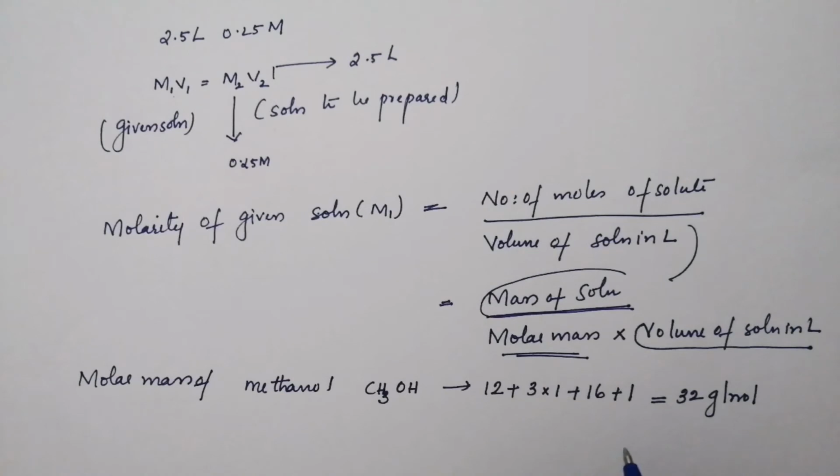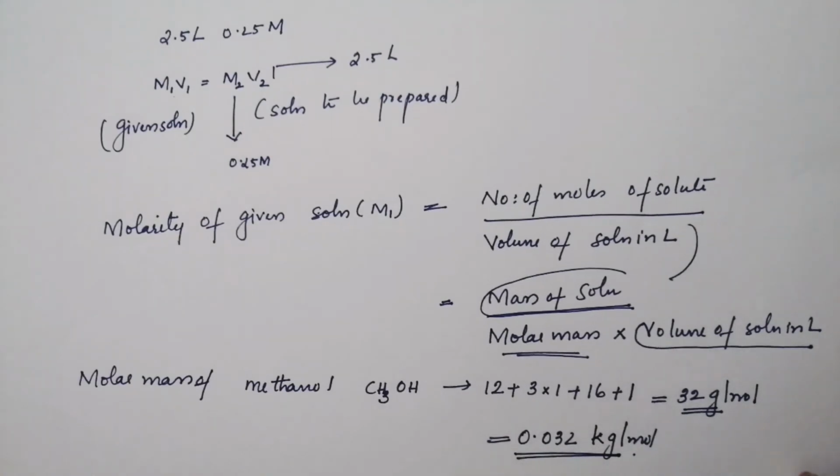Since the density which is given to us is in kilogram per liter, we are converting this gram into kilogram. We are dividing it by 1000. So we get it as 0.032 kilogram per mole. So this is the molar mass.